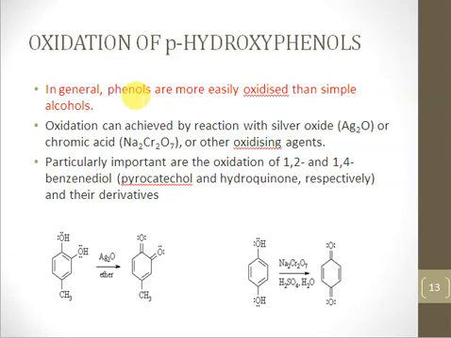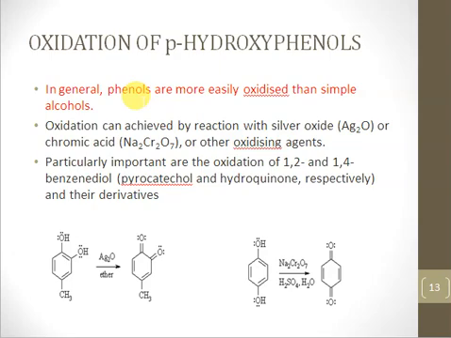In general, phenols are very easily oxidized as compared to alcohols, so we don't have to make use of very harsh conditions. Alcohols need more severe conditions while phenols require much milder conditions. Why is that so? Because phenols can be easily oxidized since the phenoxide, which is formed as an intermediate, is very stable.